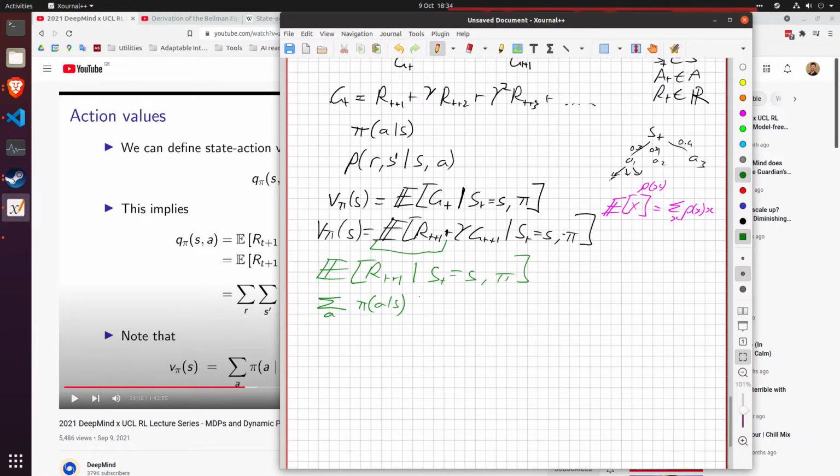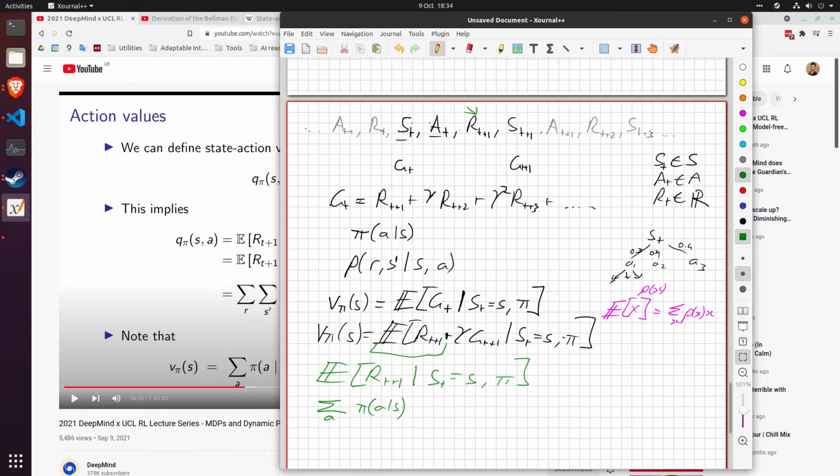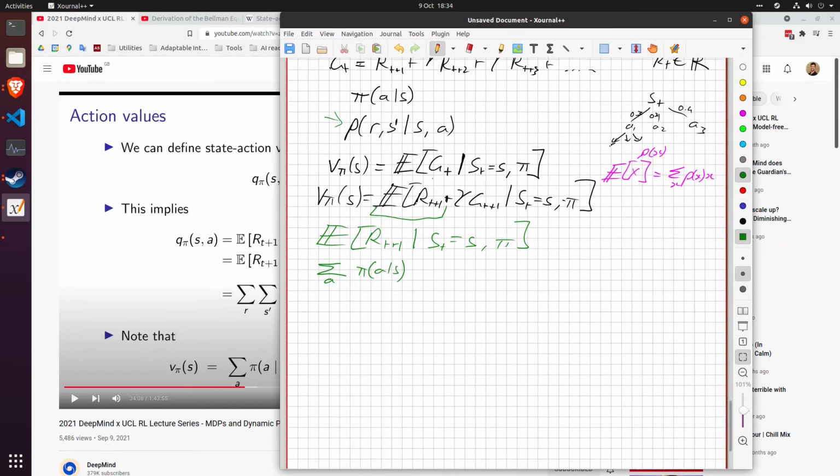And now, exactly where I was before, I say I can't just put r here, the reward, right? Because it's still unknown. Just because we've pinned down this action, we still don't know the reward, because there's another probability distribution we need to get through to know it. So we still write down the expectation value here of the reward, given that the state is pinned down to be s.